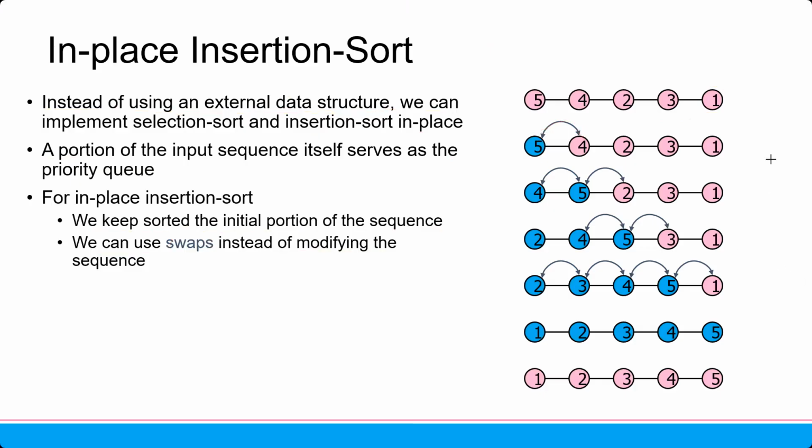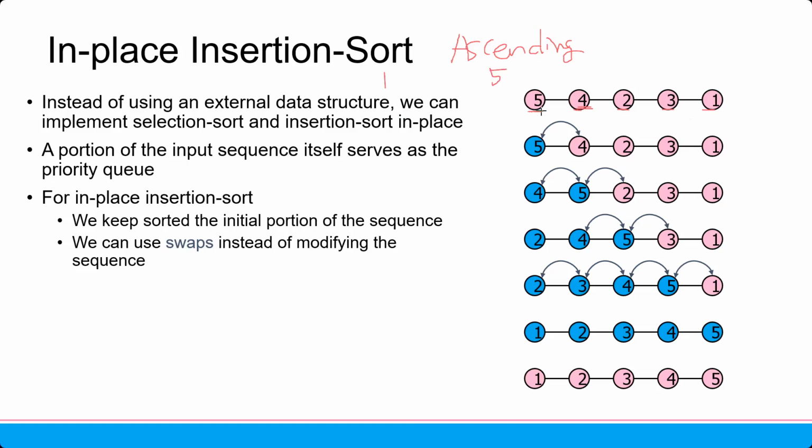So for this algorithm, if we have 5, 4, 2, 3, 1, then we will check one by one, similar with the previous one. So 5, I want to check with 4. If I want to make ascending, ascending means it is sorted from the smaller value until the higher value.